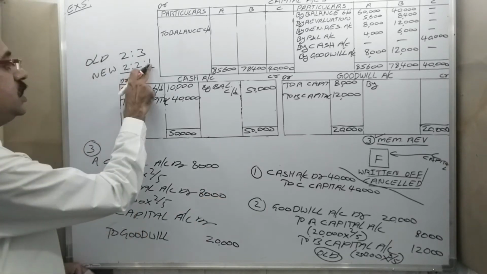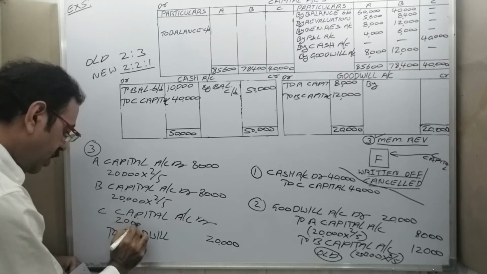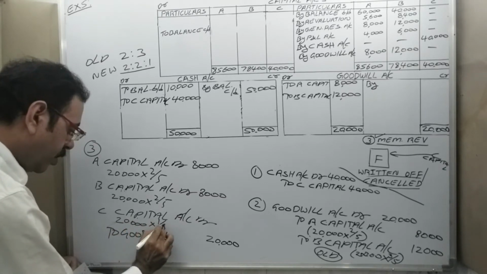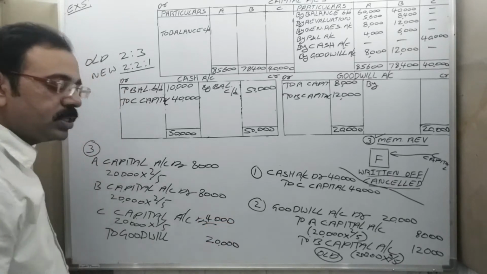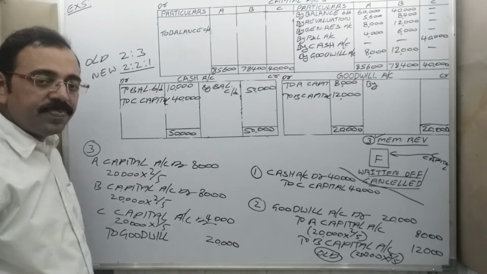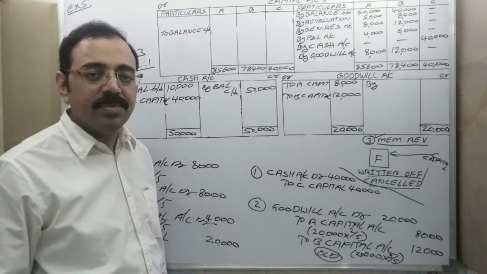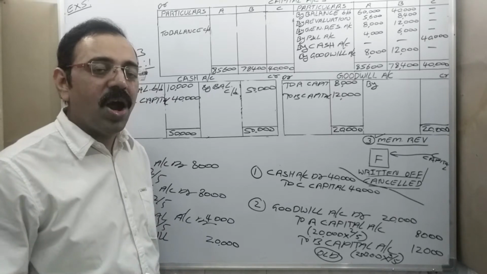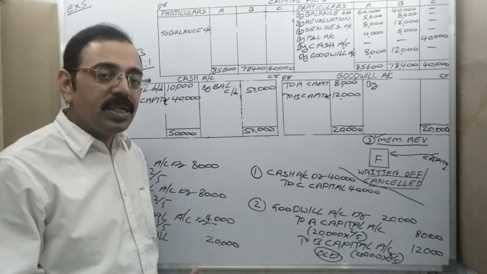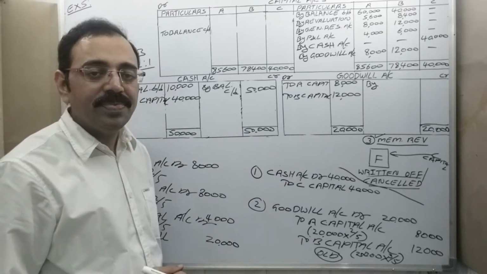For C, C's share is 1/5. 20,000 into 1/5. It is 4,000 rupees. Okay? Now, what is the inner meaning of these entries? Let us see. In premium method, what we did, same result you will get in memorandum revaluation method also.